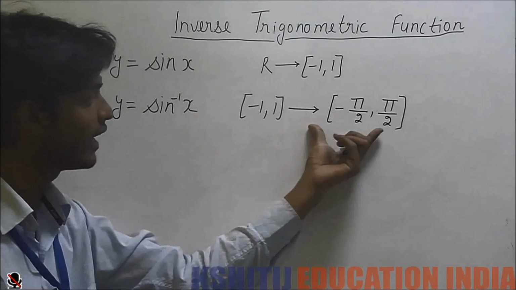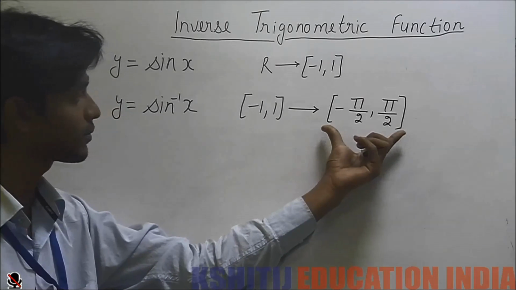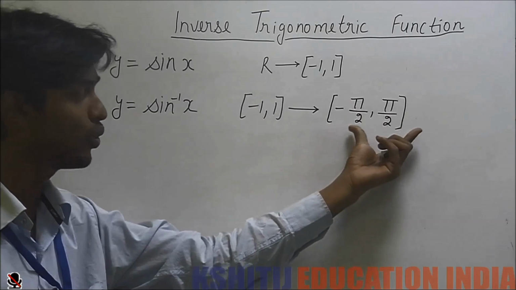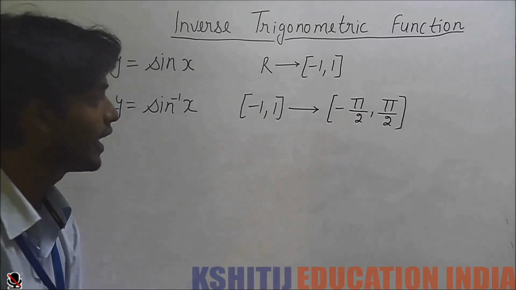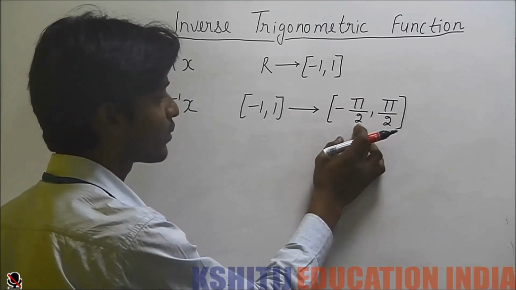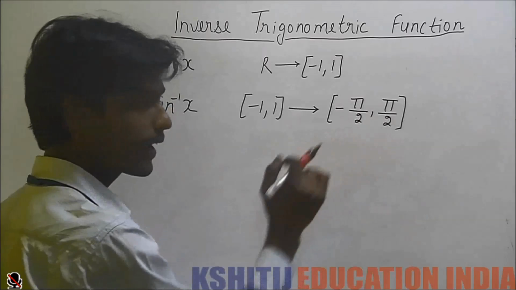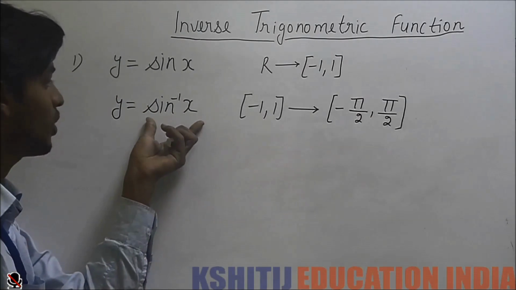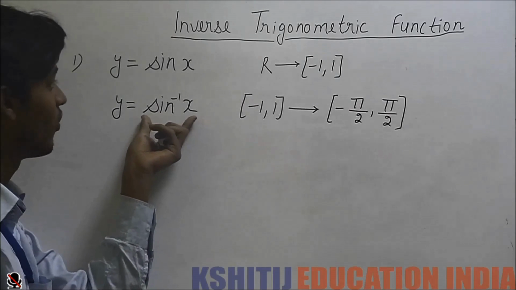That's why the range of the given function is -π/2 to π/2, with a closed interval on both values. Okay, is it clear? Now we have to plot the term sin inverse x.